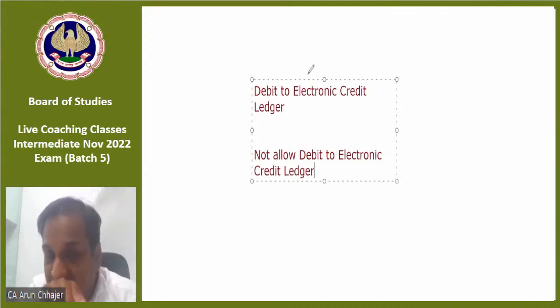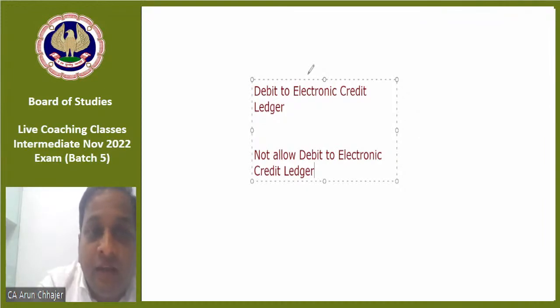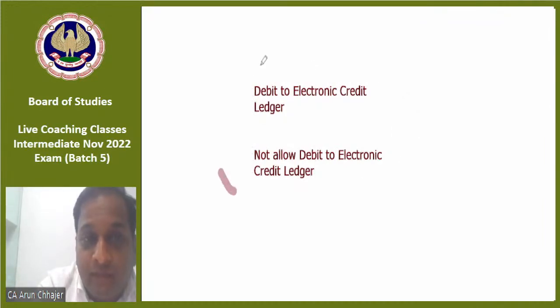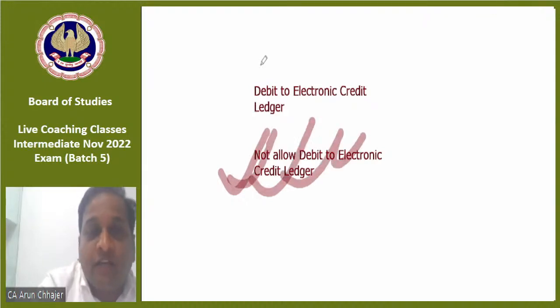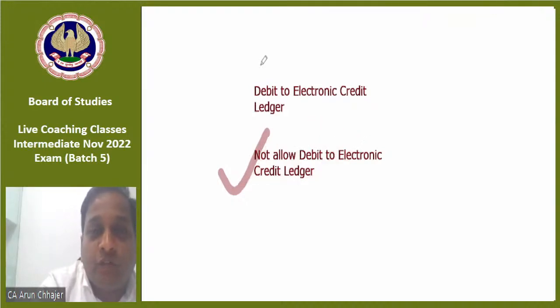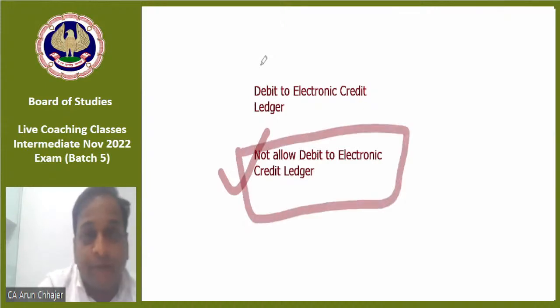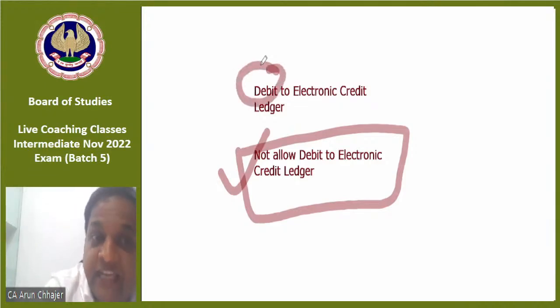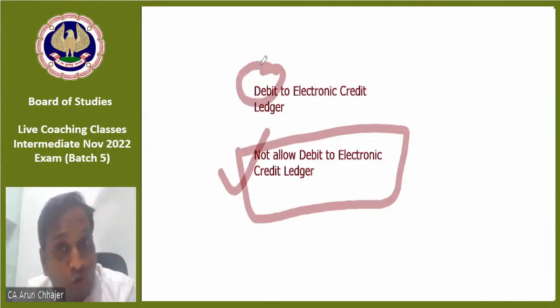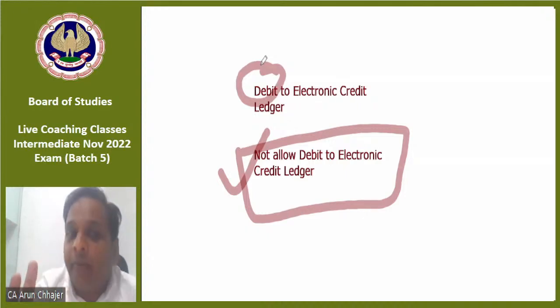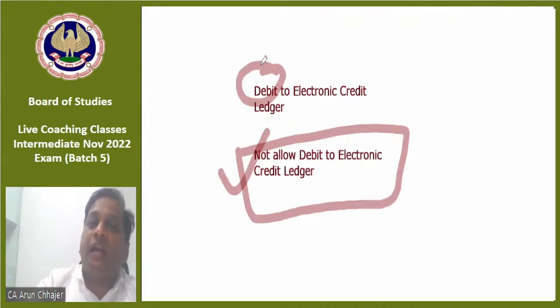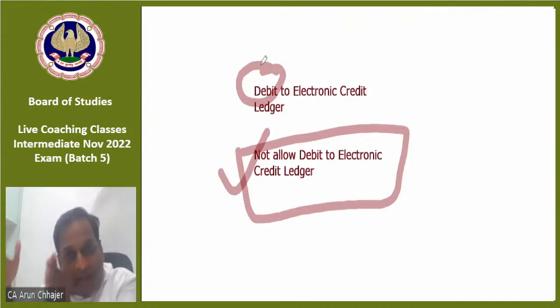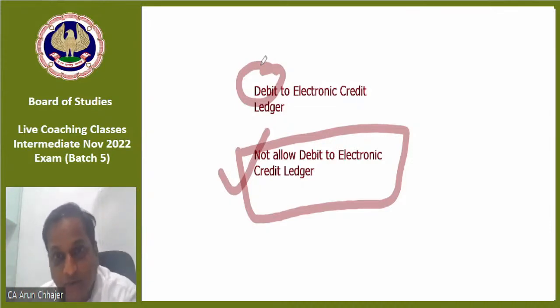In Rule 86A, the officer does not have the power to debit the electronic credit ledger. Not at all. They have only the power to not allow the debit. It means the balance will be lying in the credit ledger itself.